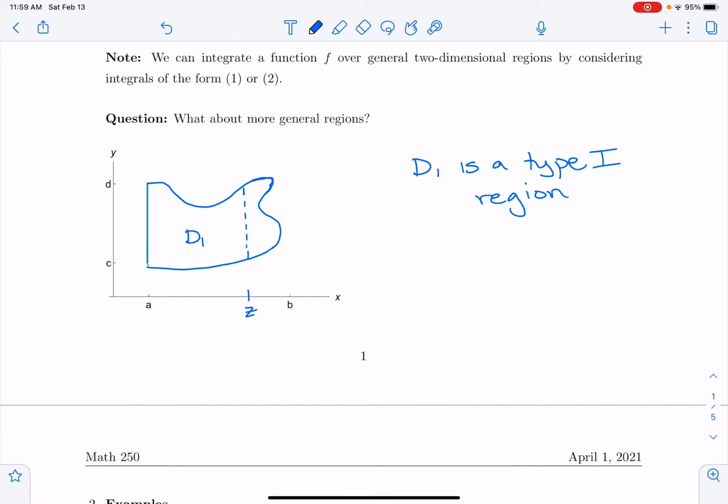And then I can think of, and this is where I might need to change this curve just a little bit where I've made a mistake, but I can think of, there we go, D2 as being a type 2 region.